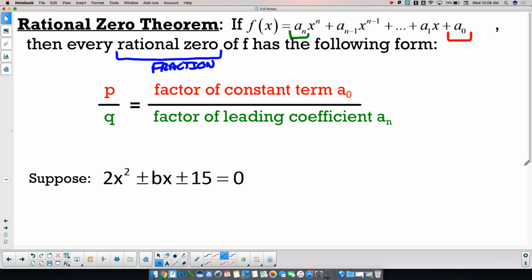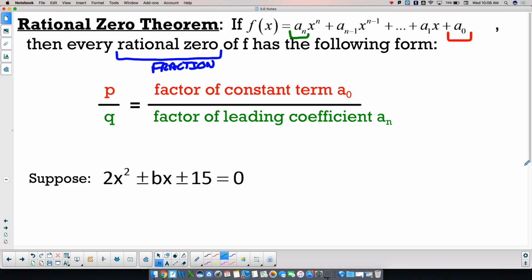When you're finding the rational zeros of a function, you are just looking at the right side and the left side.